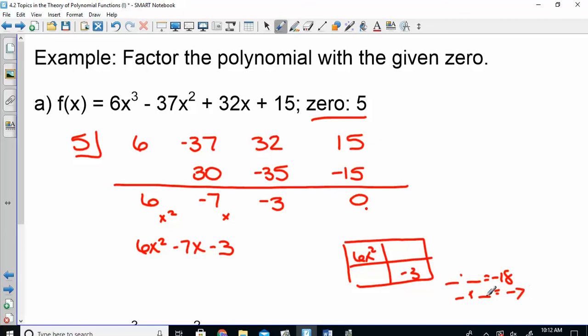They need to multiply to negative 18 and add to negative 7. So what numbers? Negative 9, positive 2. So it's 3x and 1, 2x minus 3.